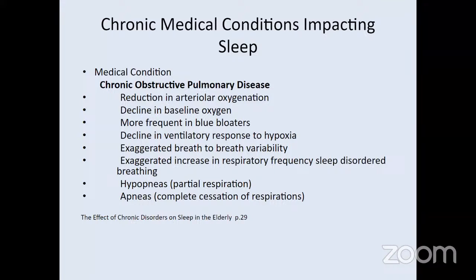Blue bloaters refers to the chronic bronchitis part of COPD, with decline in ventilatory response to hypoxia, exaggerated breath to breath variability, exaggerated increase in respiratory frequency, sleep disordered breathing, and hypopneas. All of these can affect oxygenation to the brain, leading to sleep disorder. They are also at increased risk of apneas, which is a complete cessation of respiration, leading to multiple awakenings during the night and impairment of sleep quality.